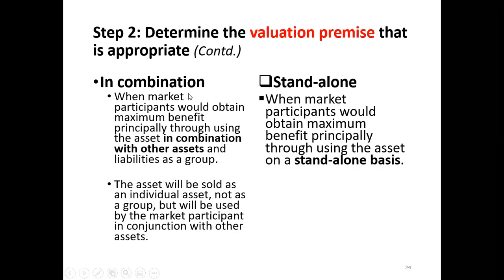Then what is the in-combination valuation premise? It is when the market participants would obtain the maximum benefit principally through using this asset in combination with other assets and liabilities as a group. In that sense, when it comes to fair valuing this land, the market would perceive that, yes, if we continue to run this factory, which is located on this land, we may be able to make the best out of this land.